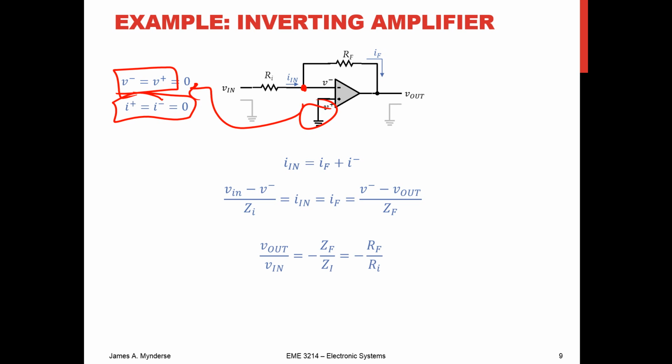Well, we know that the Z's are actually R's in this case because there are no capacitors or inductors. So V out over Vn must be negative Rf over Ri, which is our inverting amplifier. We could also write it as V out is negative Rf over Ri times Vn. So it amplifies with a gain of Rf over Ri, and it inverts in that it's negative.